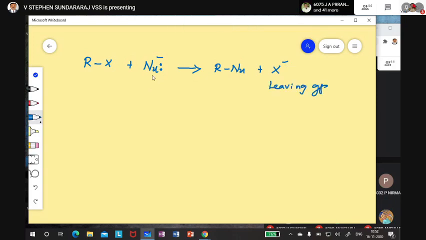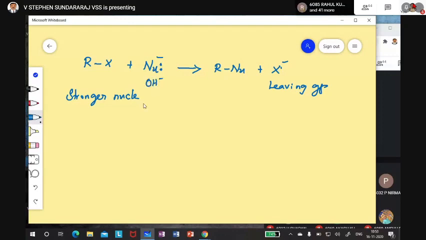Okay, now this is the attacking reagent. So here what is this substitution reaction? The better nucleophile or the stronger nucleophile, right? On the stronger nucleophile, because X minus is also a nucleophile. And here I am going to use a common symbol, but a variety of examples. The first example I'll be using is OH minus.